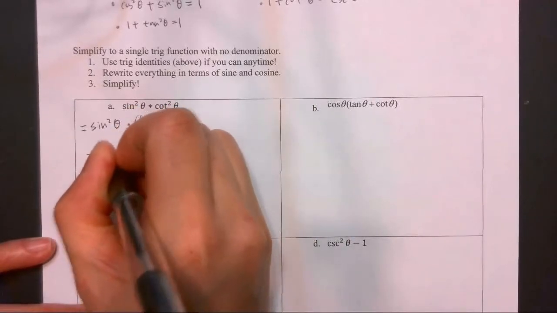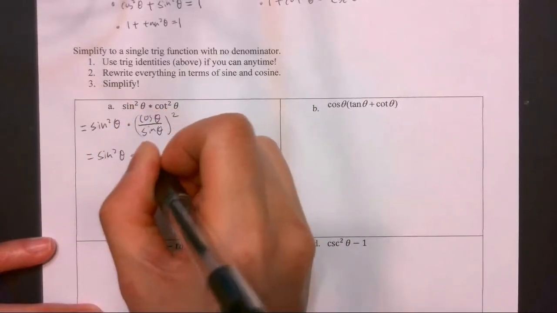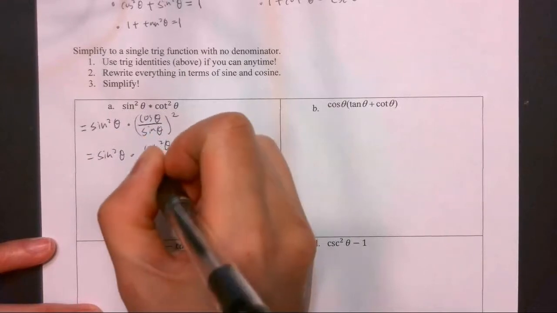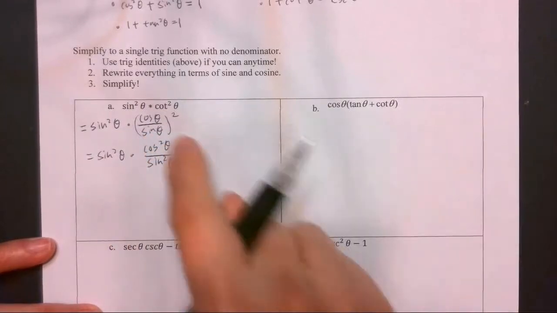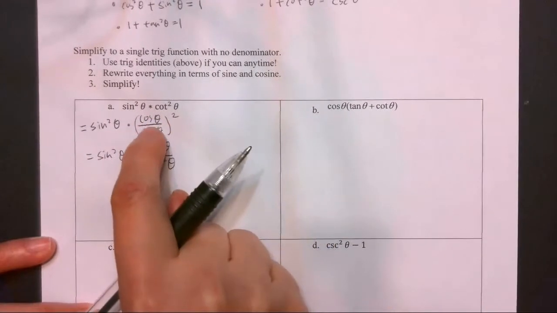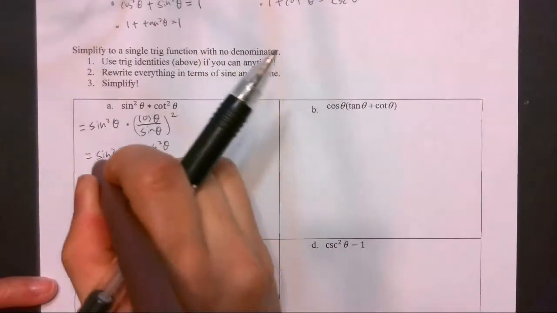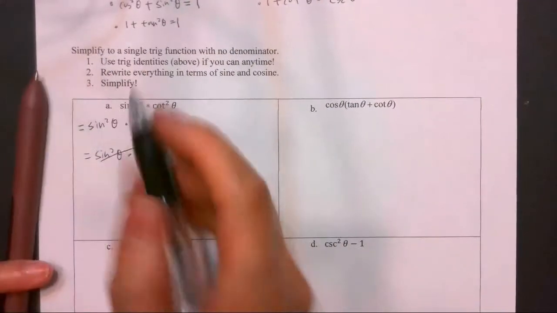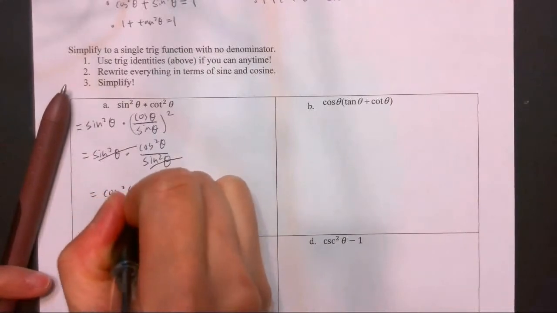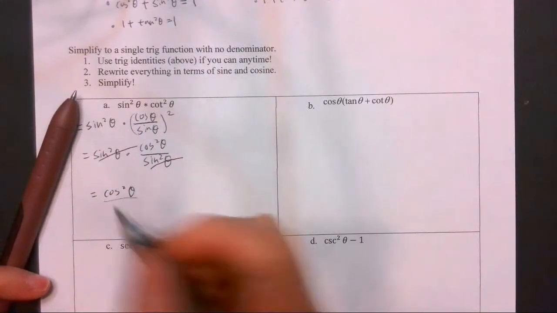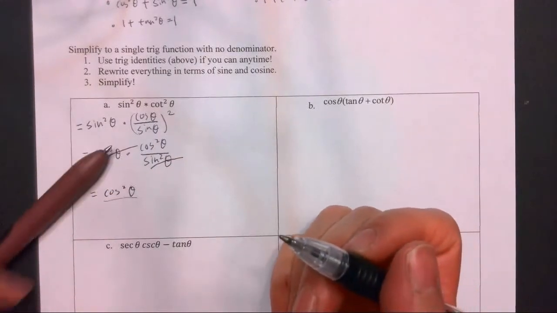So this becomes sine squared theta times cosine squared theta over sine squared theta. Right? Because when you square the trigonometric expression, that square goes on both the top and bottom. Anything I can do? Yeah, you can simplify the sine squared theta, and we're just left with cosine squared theta. I think that's it. Cool?